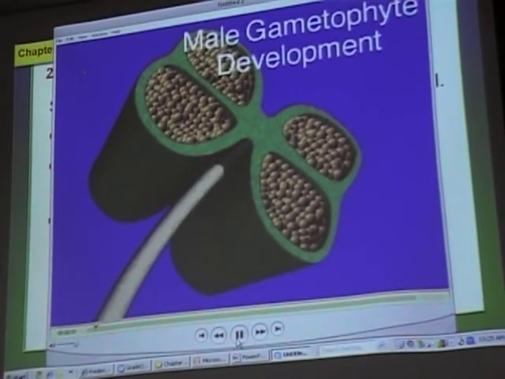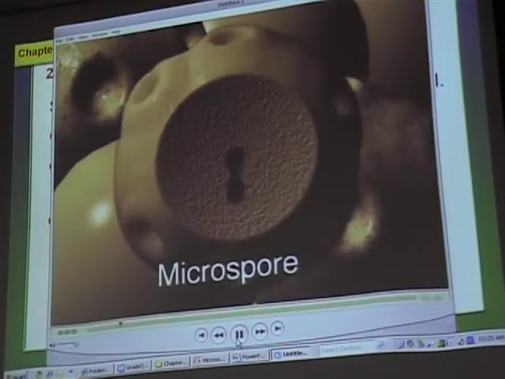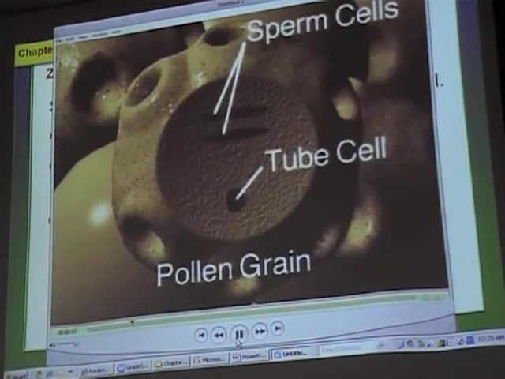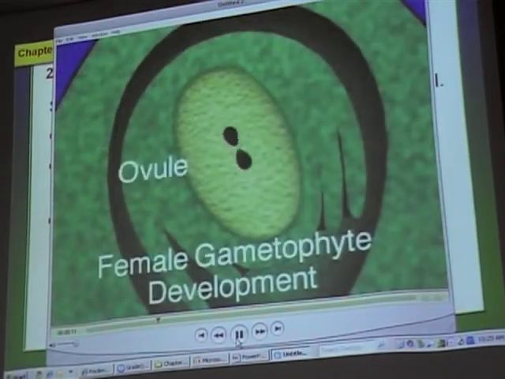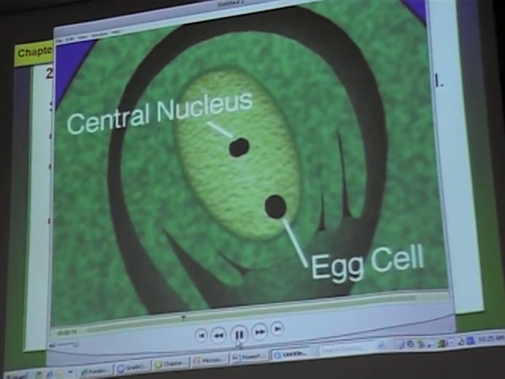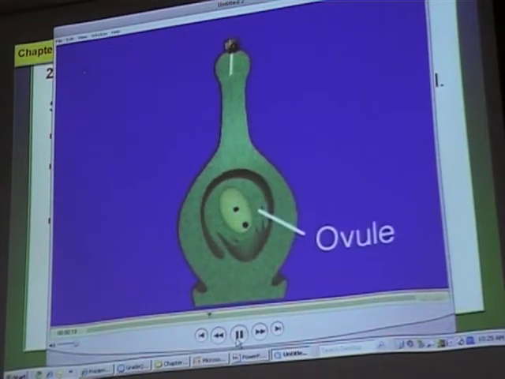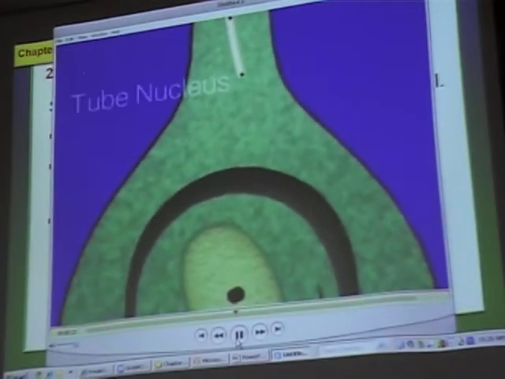It's an anther. In flowering plants, double fertilization involves the fusion of two sperm cell nuclei of the male gametophyte with two cell nuclei of the female gametophyte. Watch it. The tube cell of the pollen grain elongates to form a pollen tube.